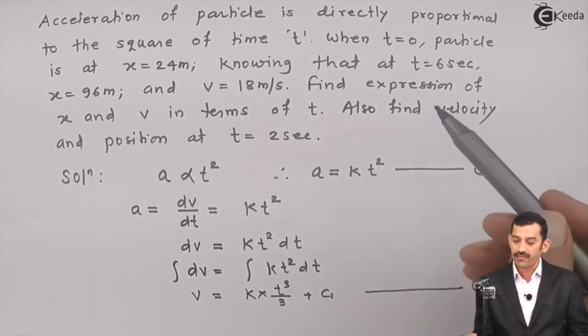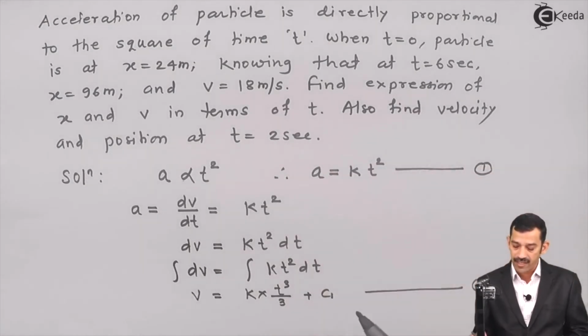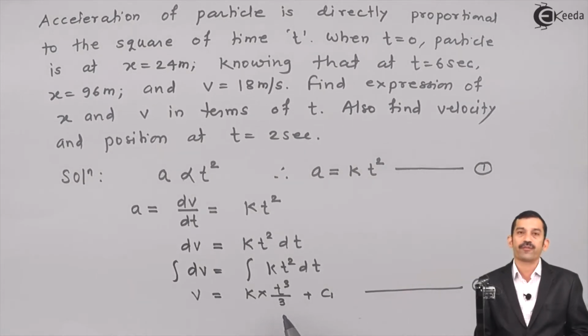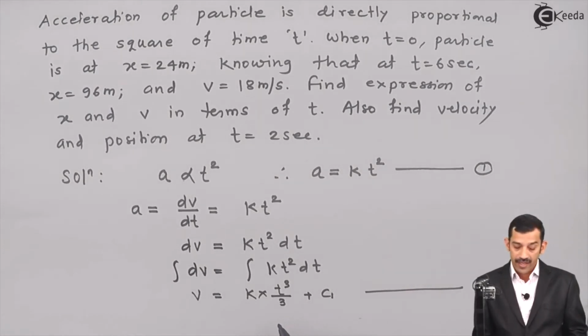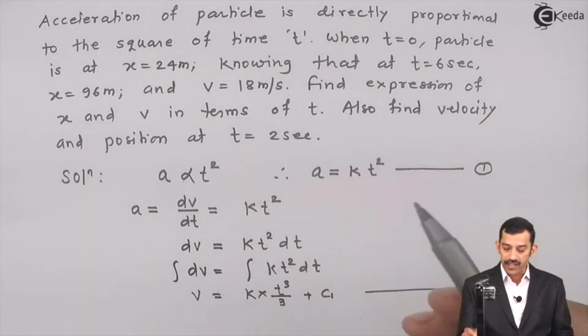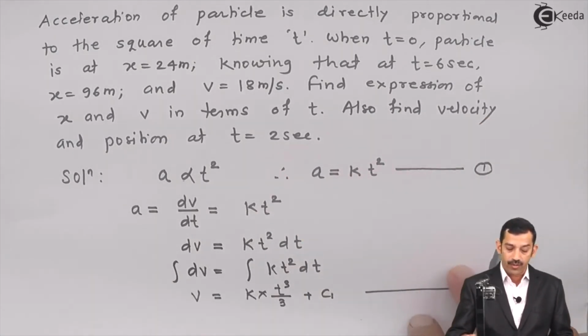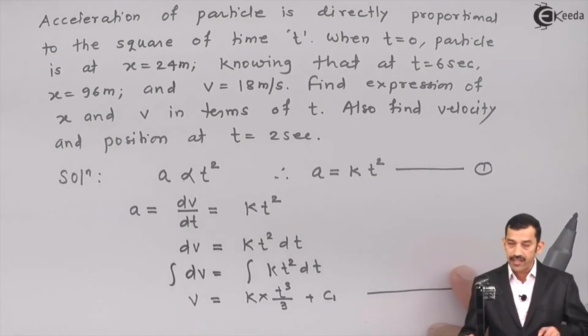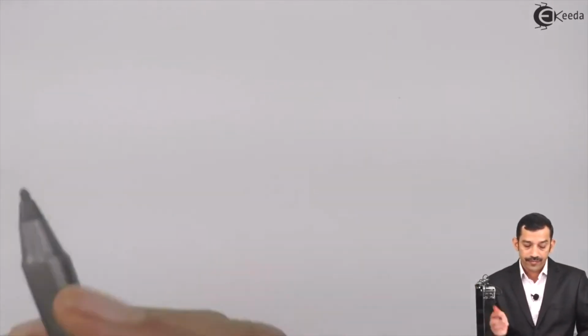Using it, direct solution is not possible, but a relation between k and c1 is possible. Therefore we will substitute this condition to get one more relation between k and c1.